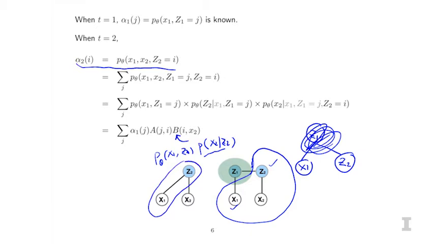We cannot directly grab it from either A or B. Instead, this summation over j, this expression, which basically involves our alpha and A, is the joint probability for this pair, both x1 and z2.